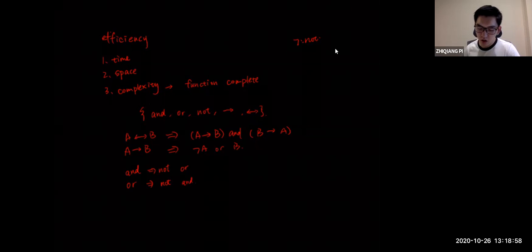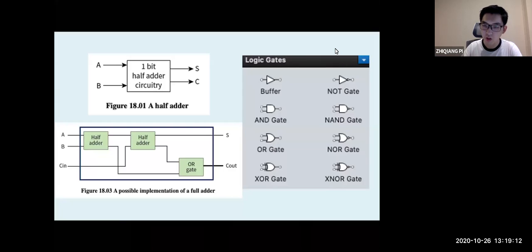So we see here, we only need the not and the or, or the not and the and, to be able to construct everything we see here. Every gate: not, and, XOR, conditional, biconditional, and everything else.